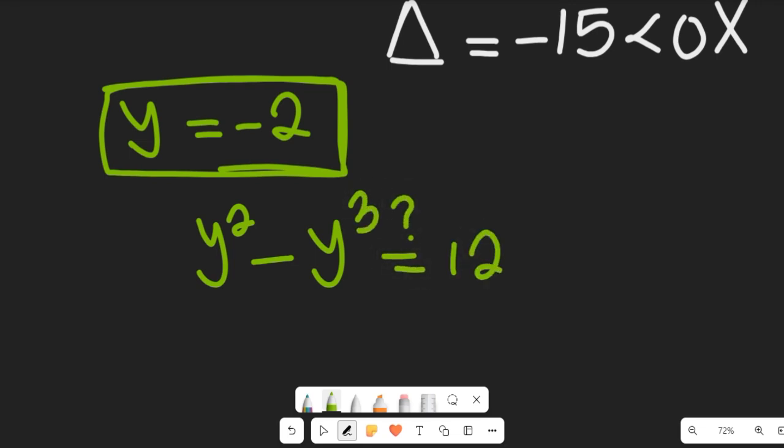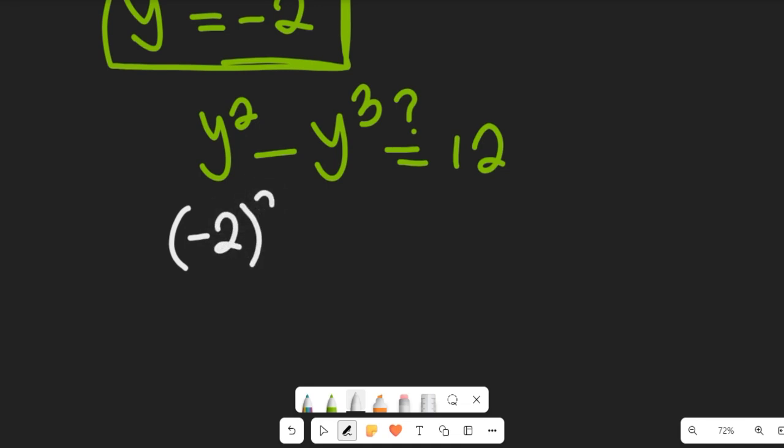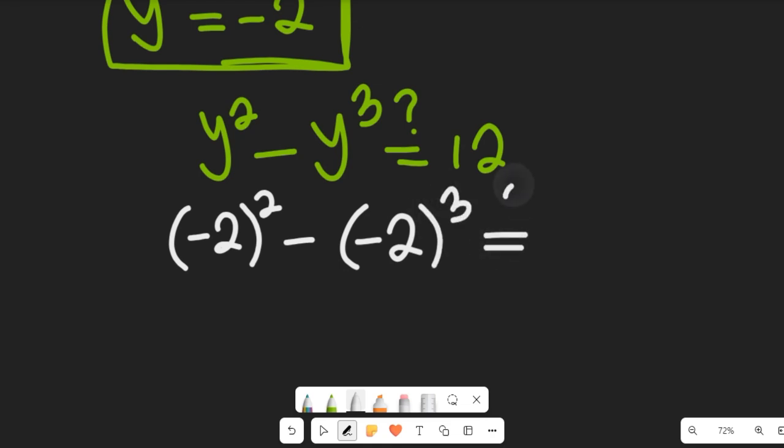So if I insert the value of y equal to negative 2, will it give me 12? Let's find out. This is going to give me negative 2 all squared minus negative 2 all to the power of 3. Now, will this give me 12?